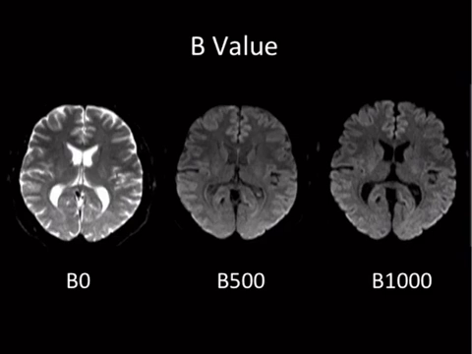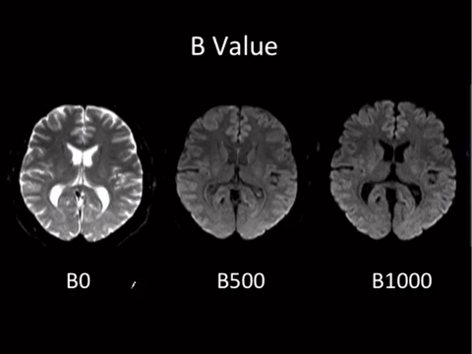So if the TE and the TR are long and your B is 0, then the image is basically a T2. So this looks pretty much like a T2, right? But then as you increase the B factor, you can get a 500 or 1,000, depending on how much diffusion is actually playing into the creation of the image.